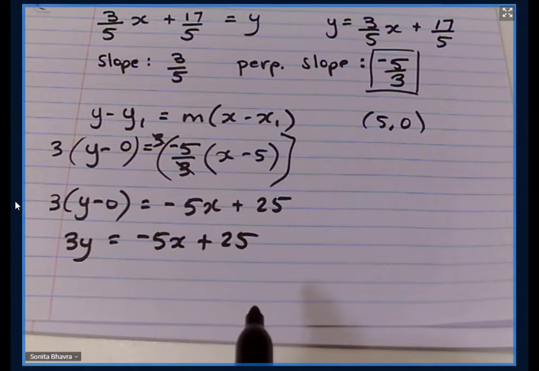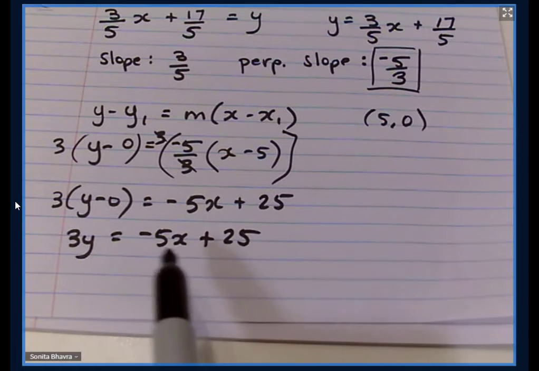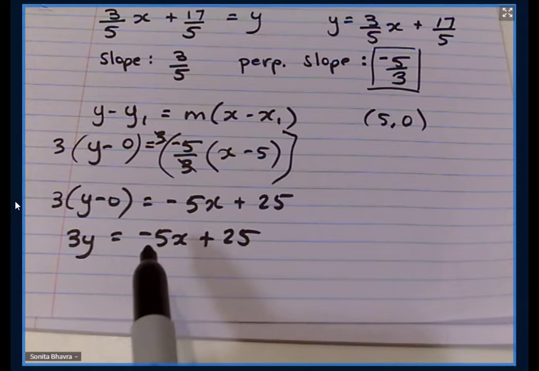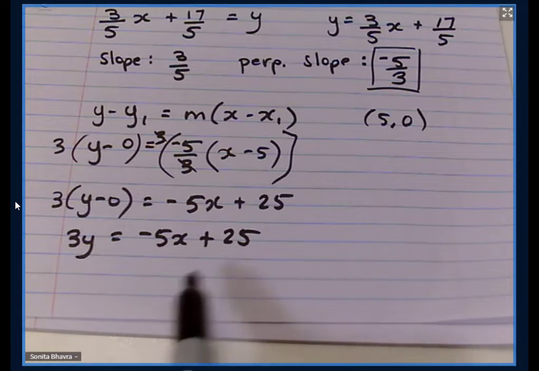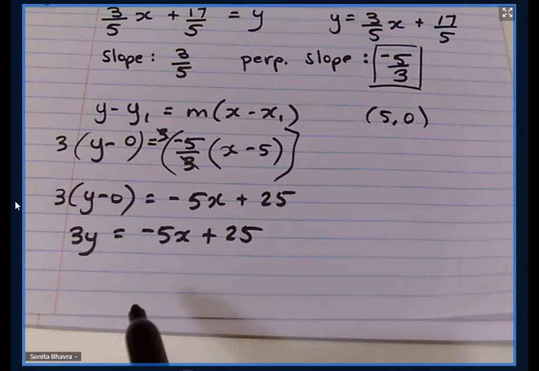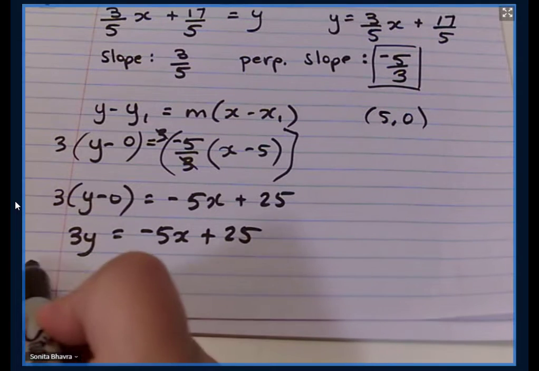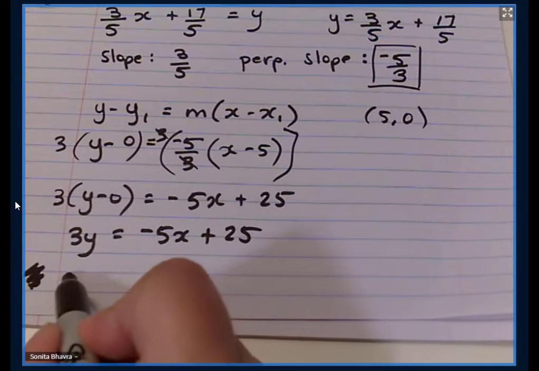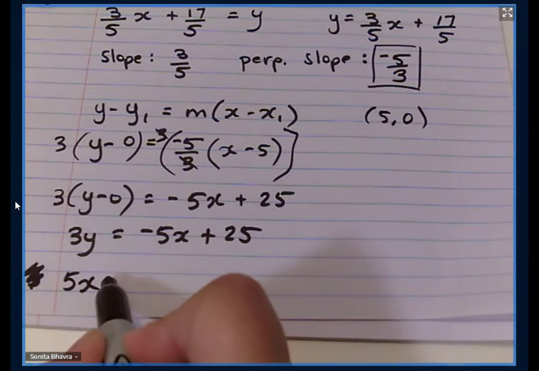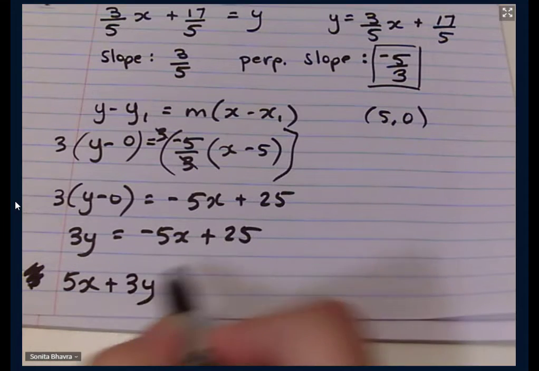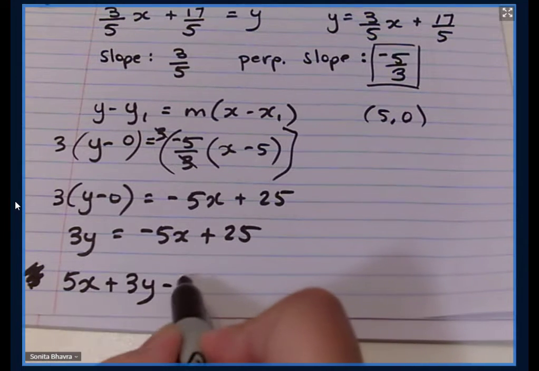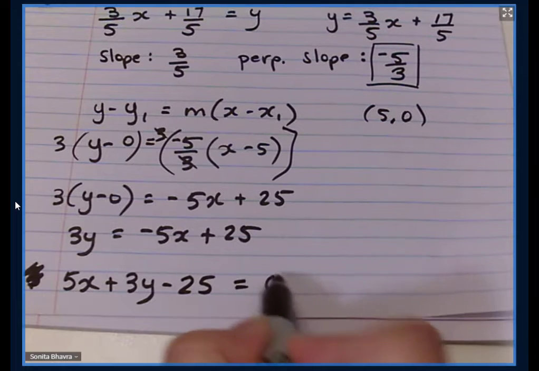In our general form, we have to make sure our x is positive. So we're going to move everything to the left-hand side, and we have to write x first. So 5x plus 3y, and then we subtract the 25 over, so minus 25, and that's equal to 0.